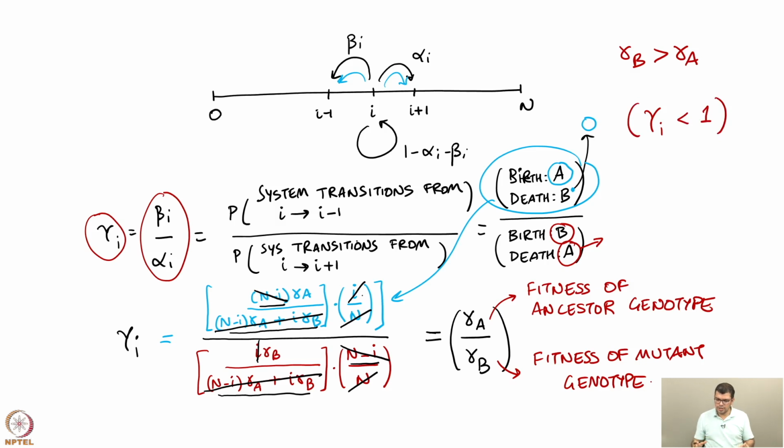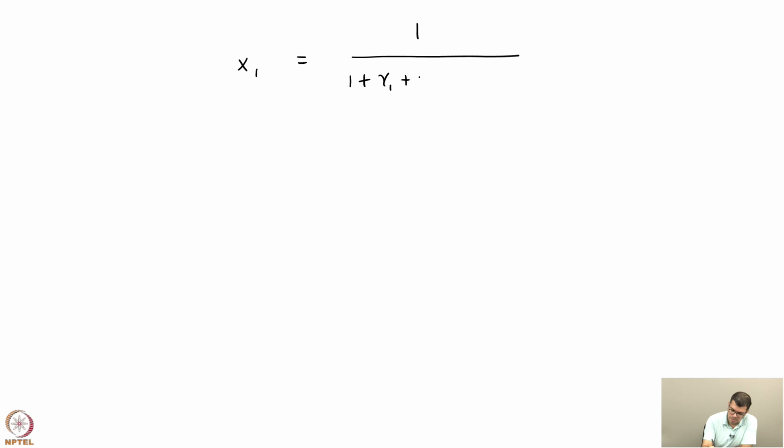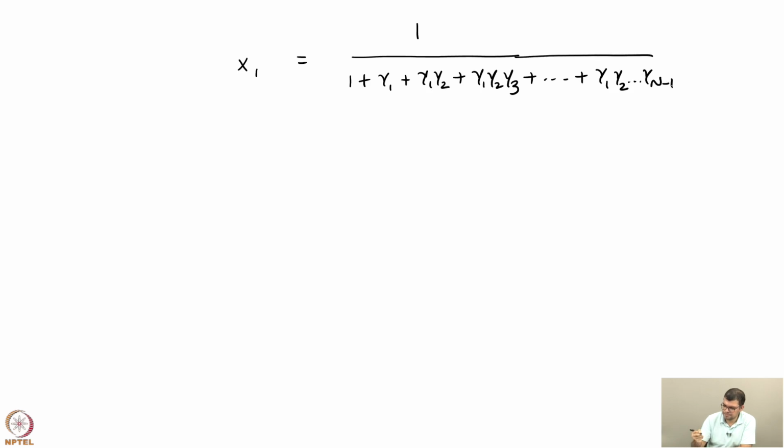So, now pieces are falling together. All the gamma_i's, be it gamma_1 or gamma_2, have the same value R_A by R_B. So, all I have to do now is go back to the expression for x_1 and plug those in. When I do that, x_1 is simply equal to 1 divided by 1 plus gamma_1 plus gamma_1 gamma_2 plus gamma_1 gamma_2 gamma_3, going all the way to gamma_1 gamma_2 up to gamma_{n minus 1}.